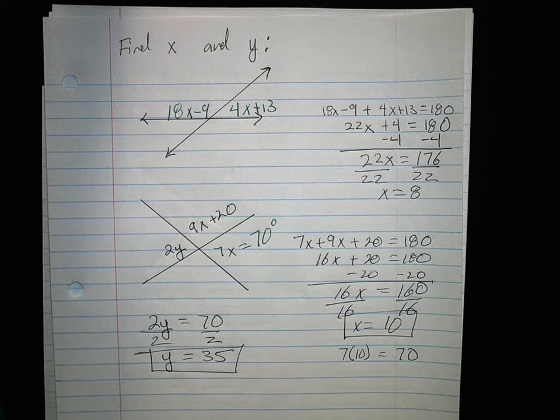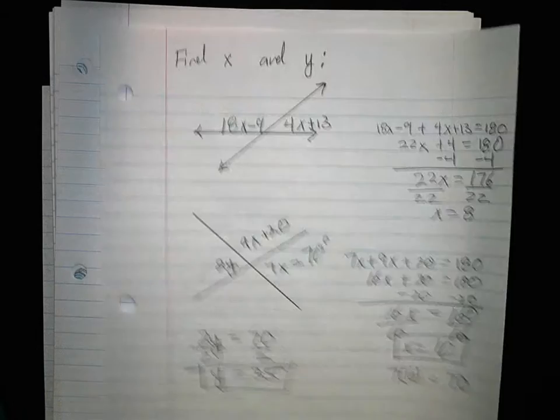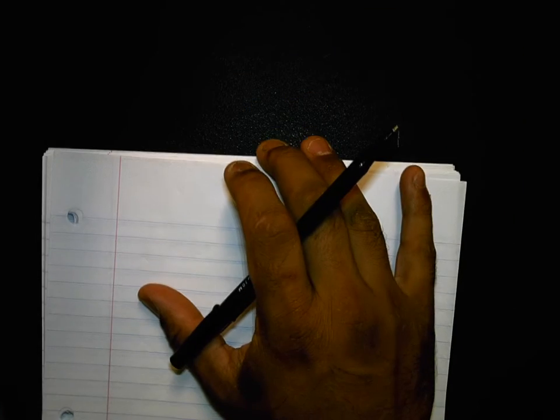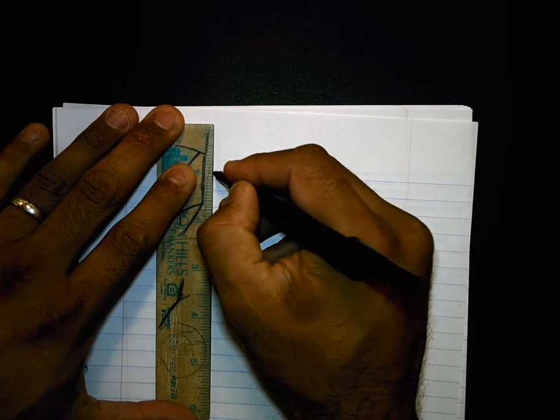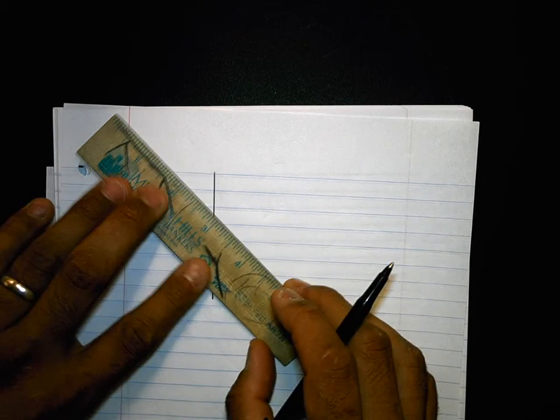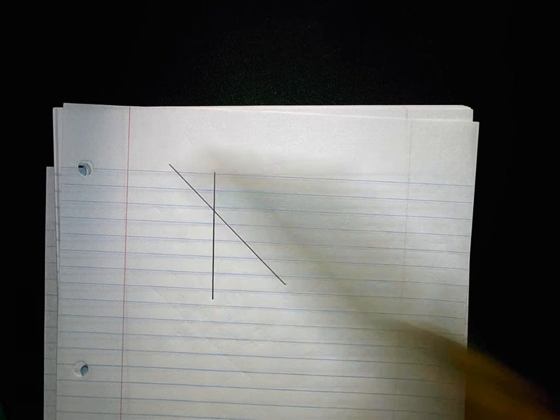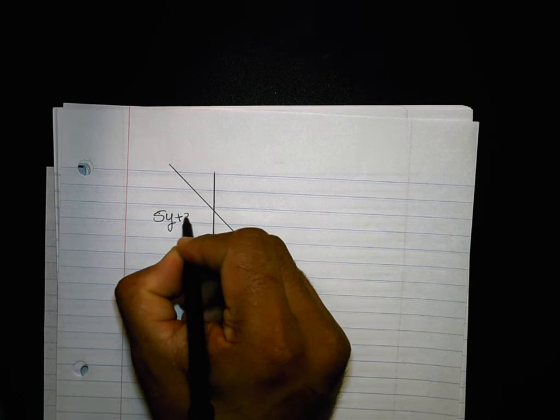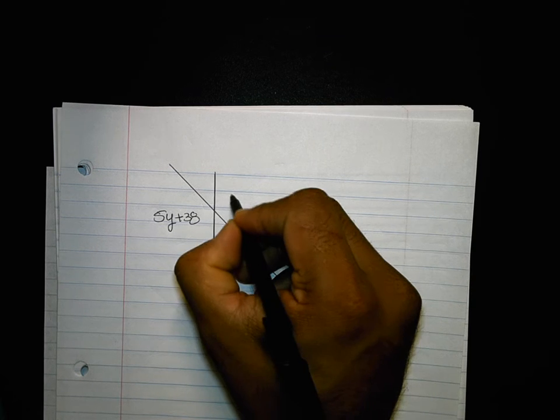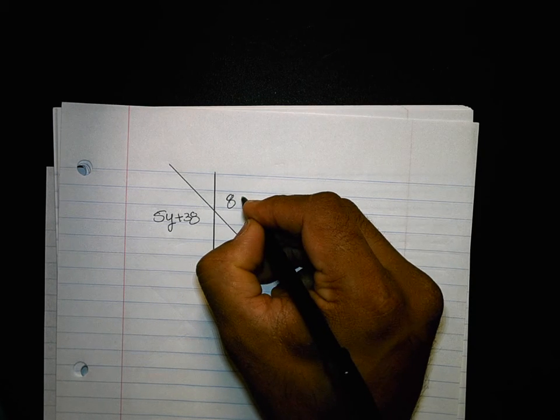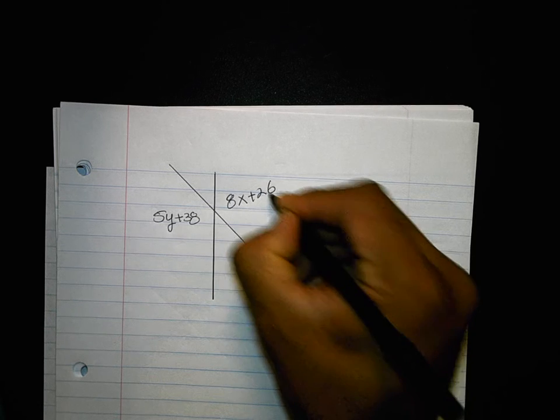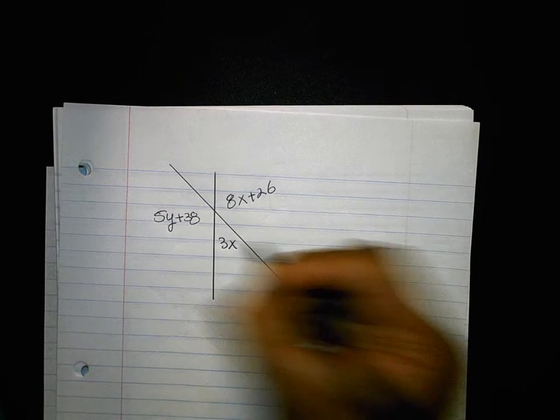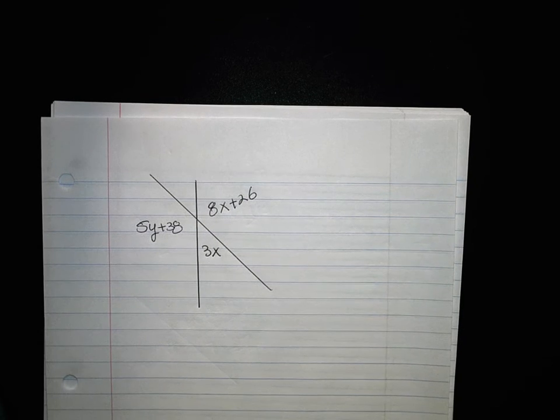Okay. Looking to see what I can figure out. Alright, looking at another example like this. I have 5y plus 38, 8x plus 26, and a 3x.